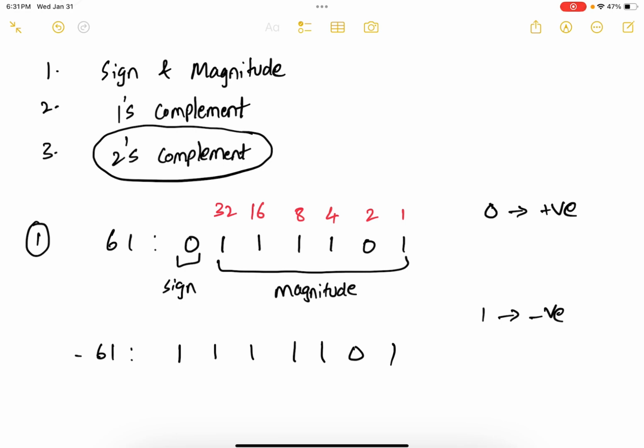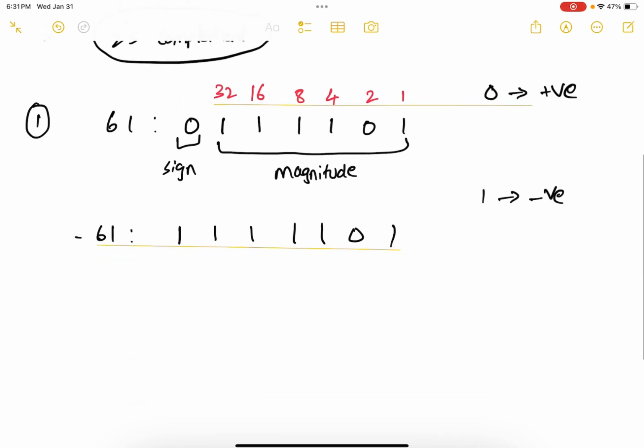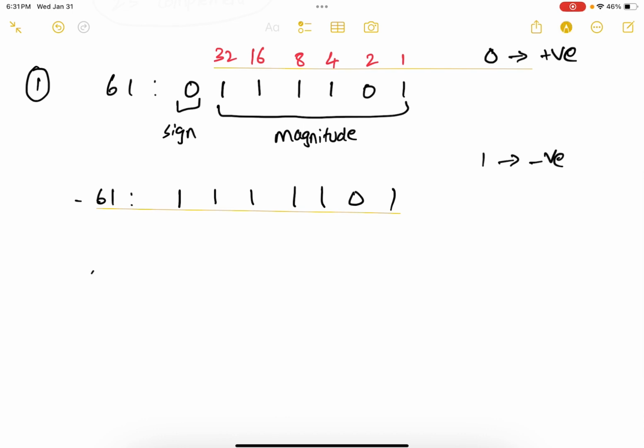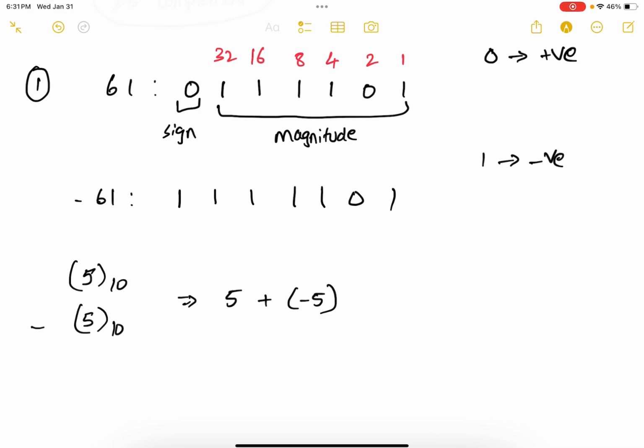There's a problem with this representation because let's try to do 5 minus 5. This is basically 5 plus minus 5, right? So what is 5 in binary? 5 is 1, 0, 1, and the sign bit is a 0 because it's a positive number.